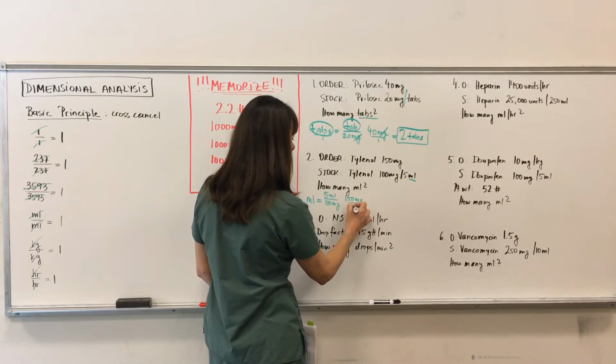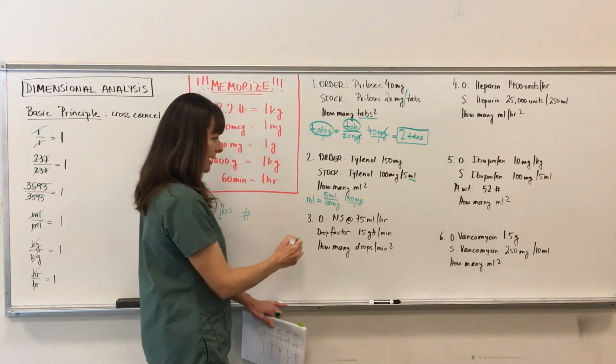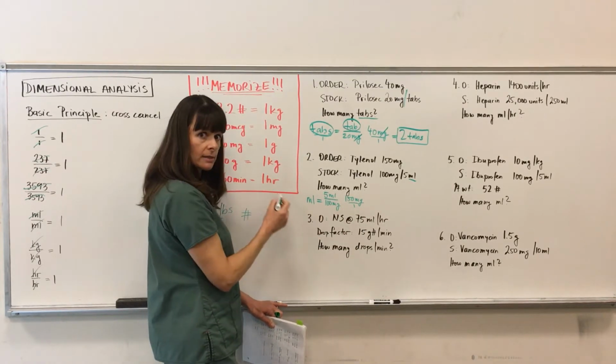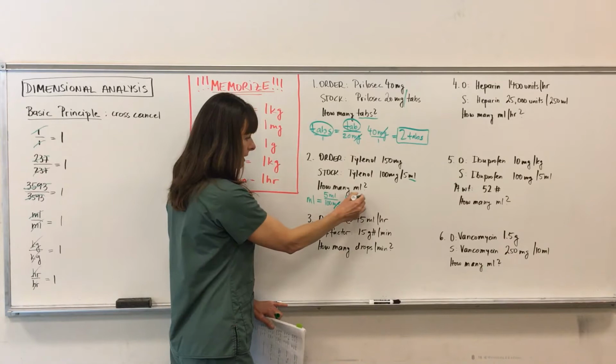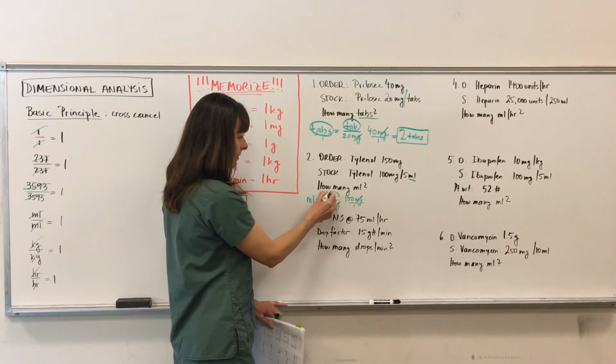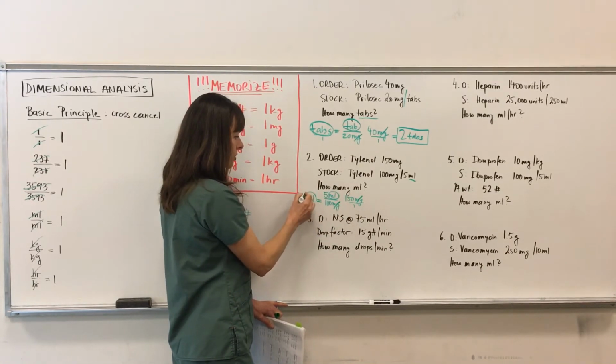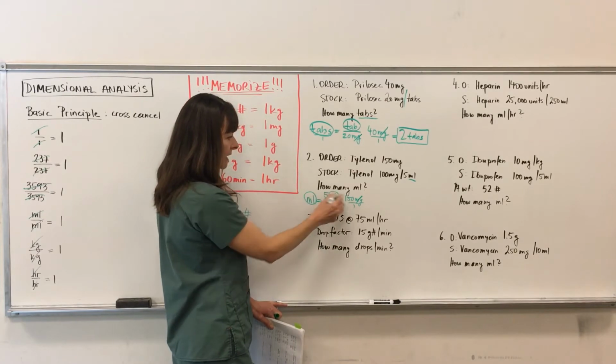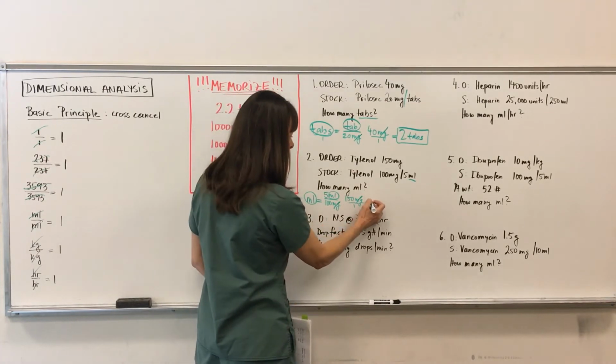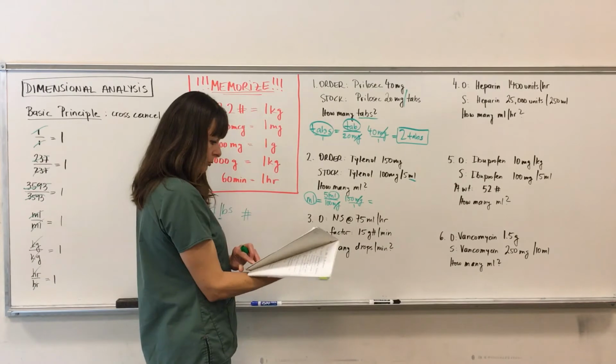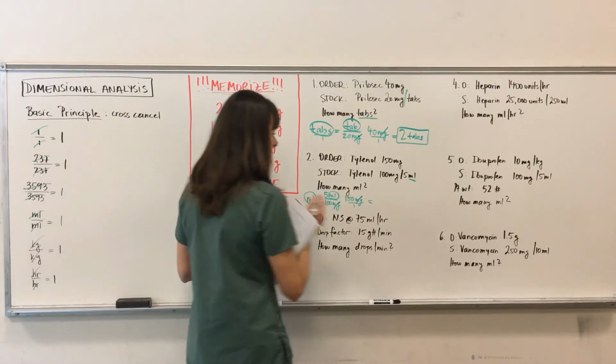And again, I could put this over 1. So then I can cross cancel by the same principle, milligrams and milligrams. What I'm left with is the milliliters, which is what I was looking for here. And then I simply do my math. And this comes out to be 7.5 milliliters.